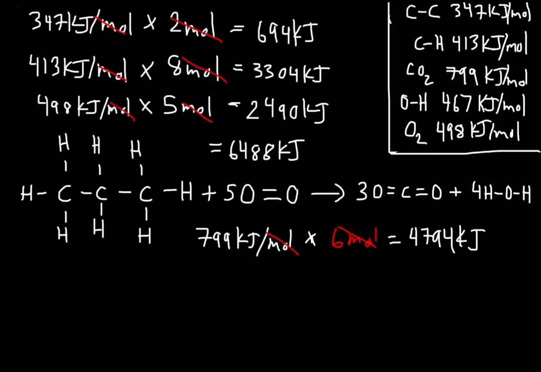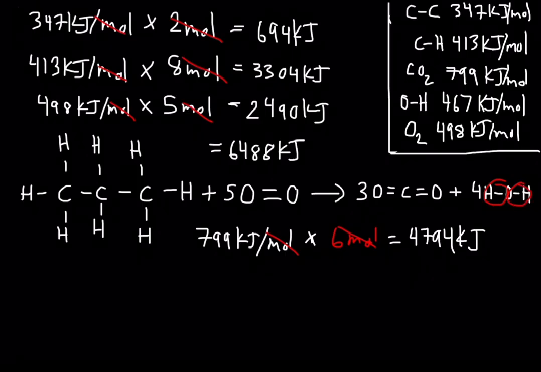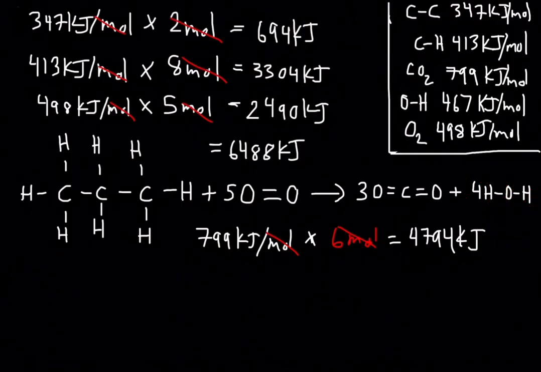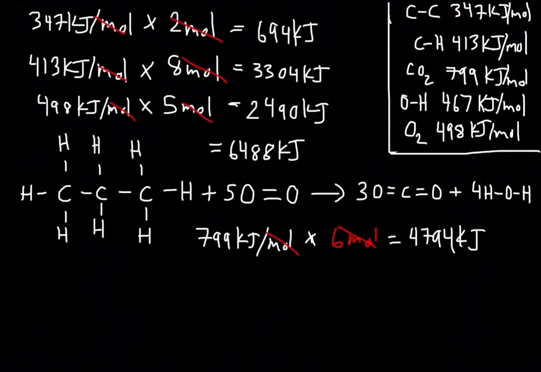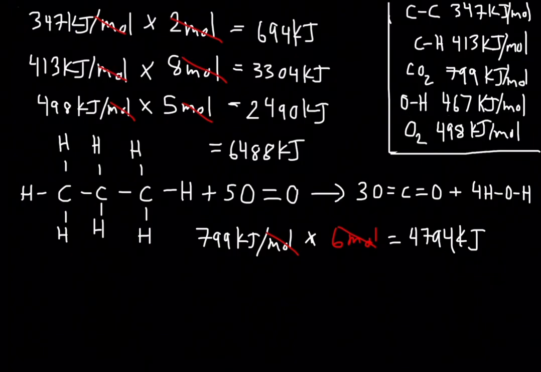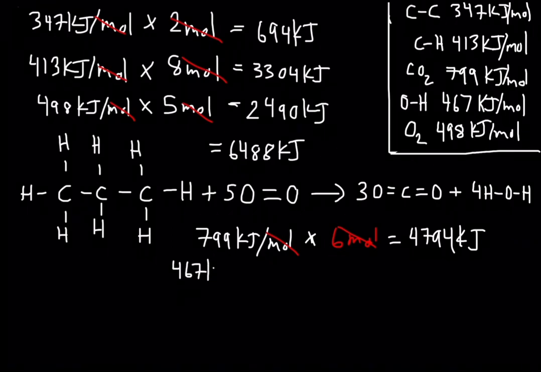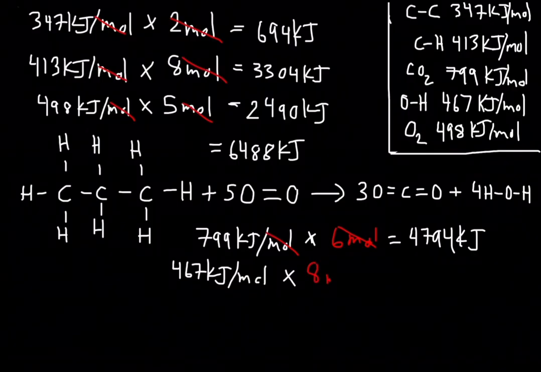And now for water. So we have OH bond and OH bond. So we have 2 OH bonds per mole of water, and there's 4 moles, so 2 times 4 is 8. And the bond energy for OH is 467 kilojoule per mole times 8 mole.